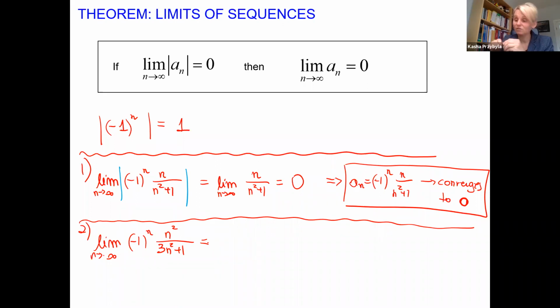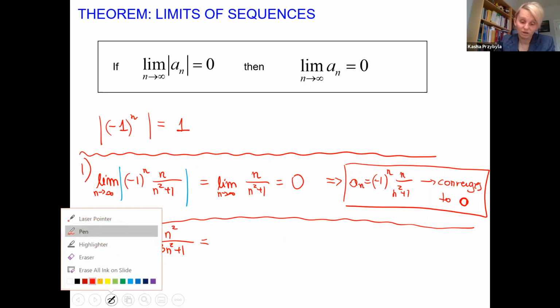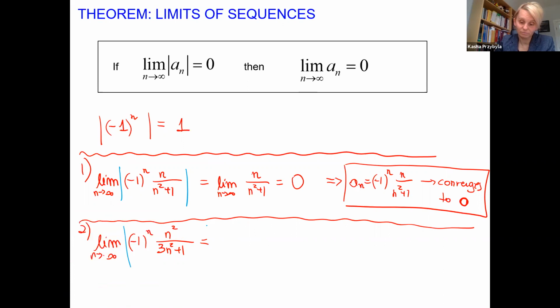We see -1 to the n, so we will also try to use this property, and I will apply the absolute value. Then -1 to the n will be 1, n squared stays n squared, over 3n squared plus 1. Limit at infinity, n squared versus 3n squared.